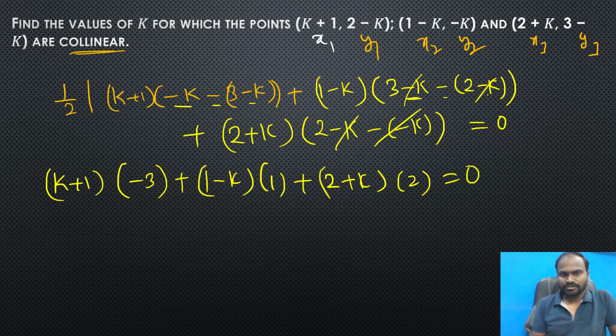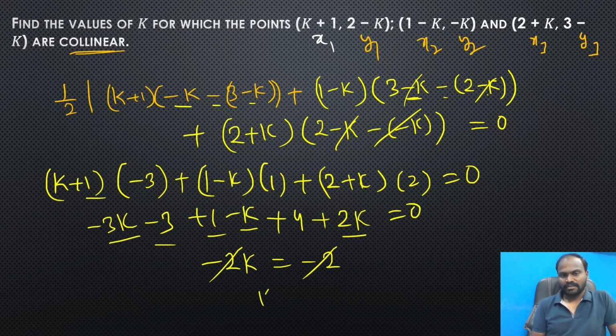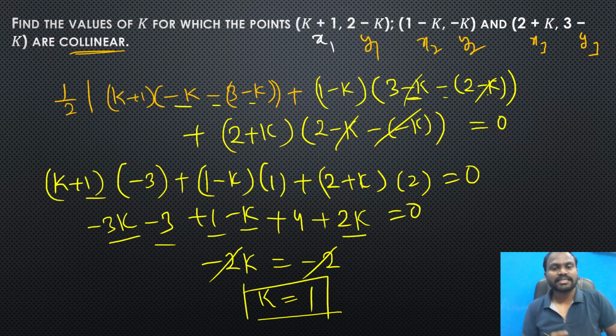That equals 0. Simplifying, the k terms give minus 2k, and the constants give minus 2. Moving that to the other side, the value of k is 1. So when they give a question about collinearity, we can solve it in this way, right?